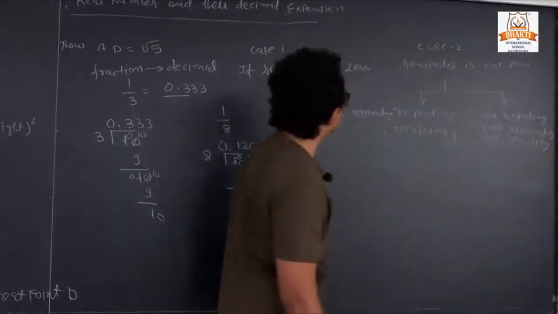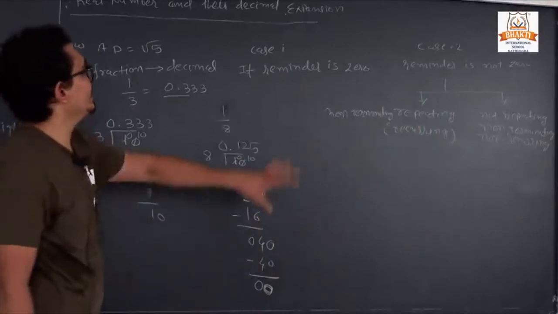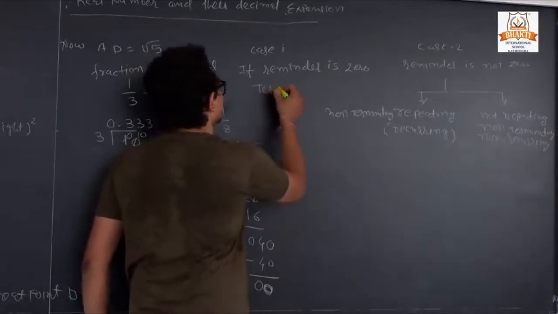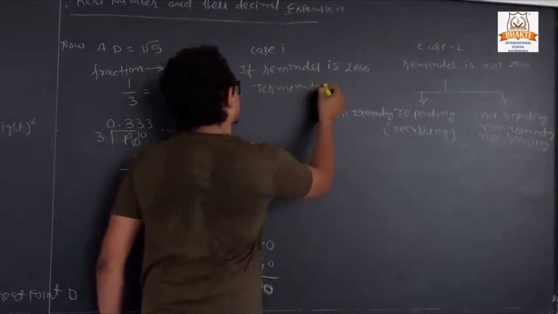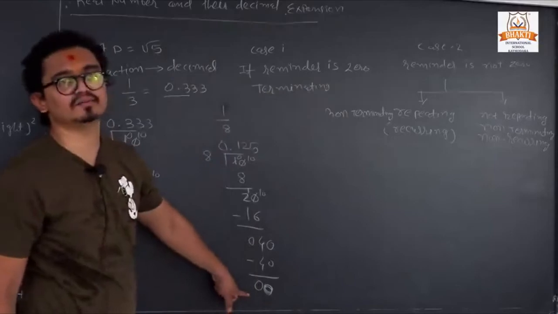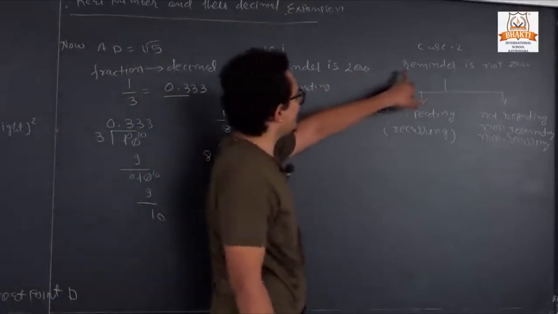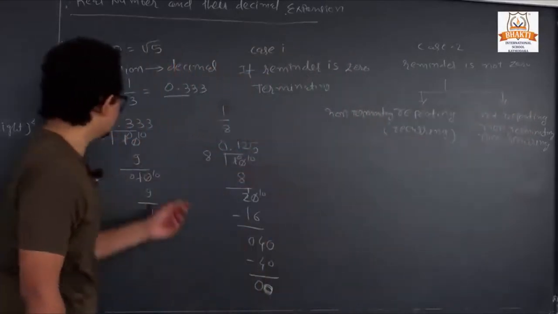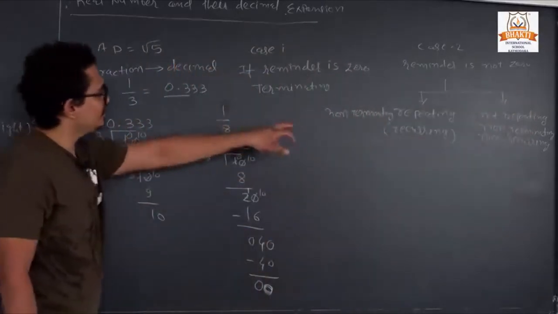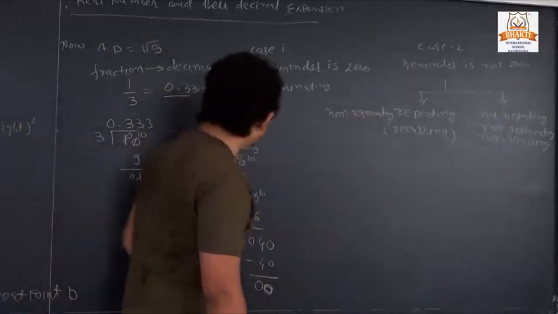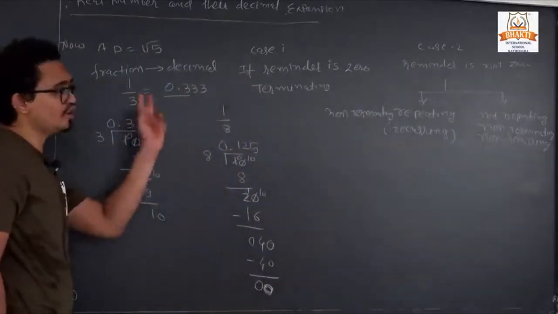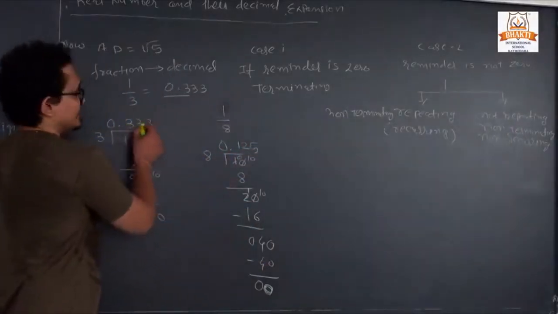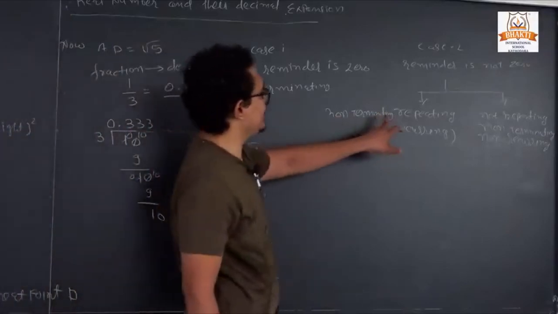So actually we have three cases. In case number 1, what happens? If the remainder is 0, it is terminating. Terminating means we can get a remainder of 0. And if we cannot get a remainder of 0, it is non-terminating because it will be continuous digits. And in non-terminating we have two more cases. Which two cases? Some of the digits are repeated, like 3 3 3. So it is called non-terminating recurring.